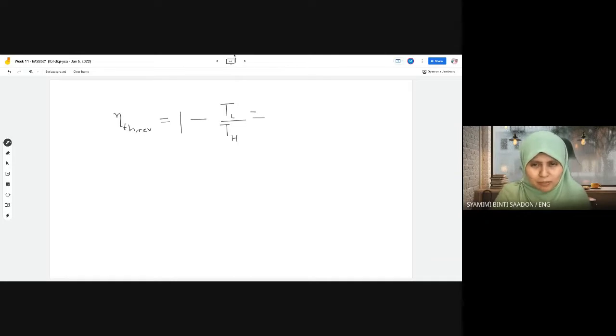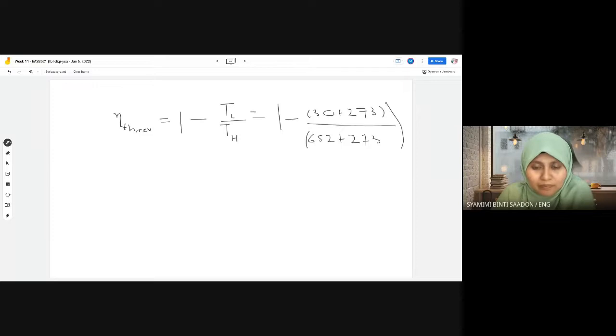If you subtract, you don't need to change, but this one is risky. So 1 minus 30 plus 273, changed into Kelvin, over the heat source 652 plus 273. So this is the thermal efficiency.